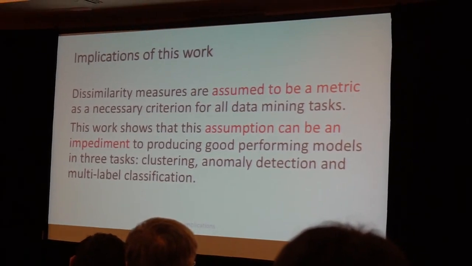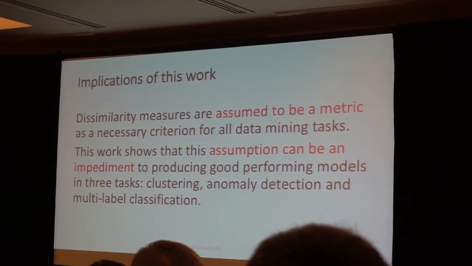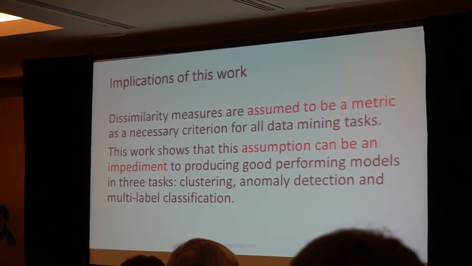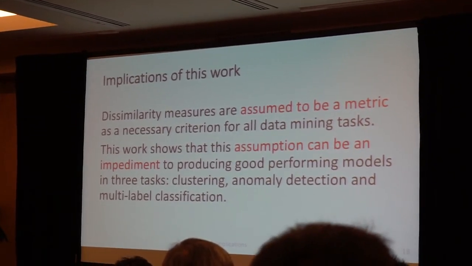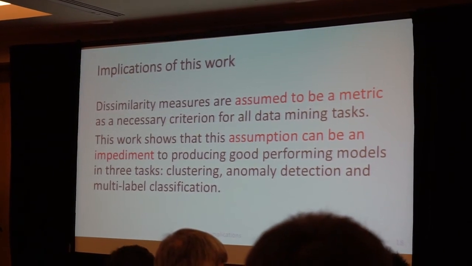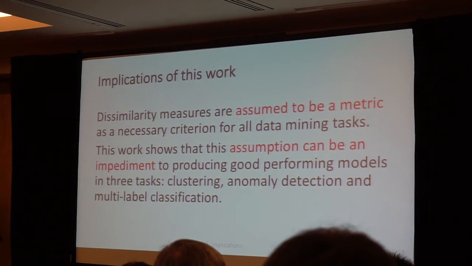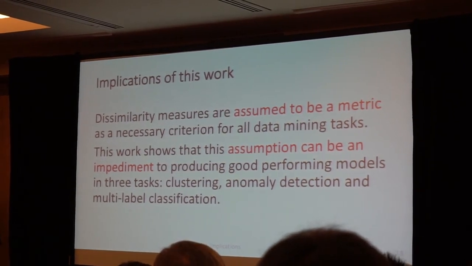So the implication is that the dissimilarity measure is assumed to be a metric, as a necessary condition for all data tasks. But this work shows that the assumption can be an impediment to producing good performance models in three tasks.